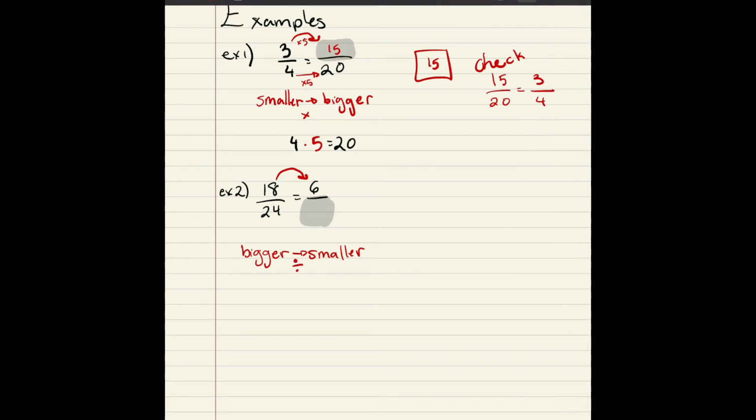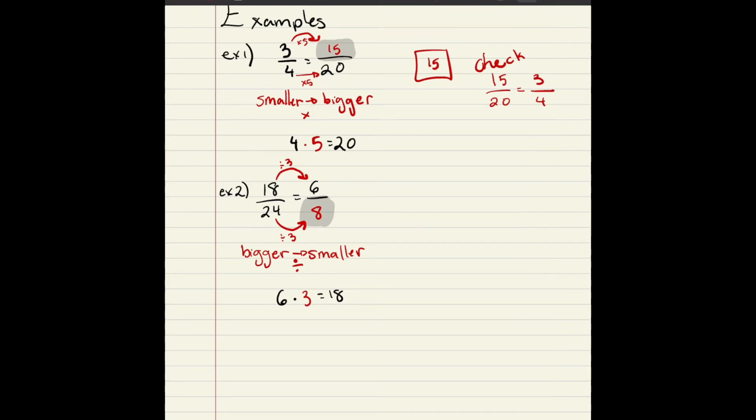So therefore I know I have to divide. 18 is a multiple of 6 because I can do 6 times 3, which would give us 18. So we found a common multiple. So I can do 18 divided by 3, which gives me 6. And what I do to the top, I have to do to the bottom. So 24 divided by 3 gives me 8.